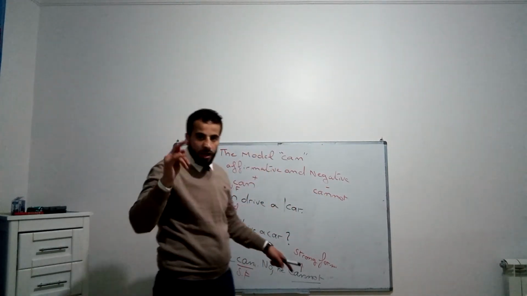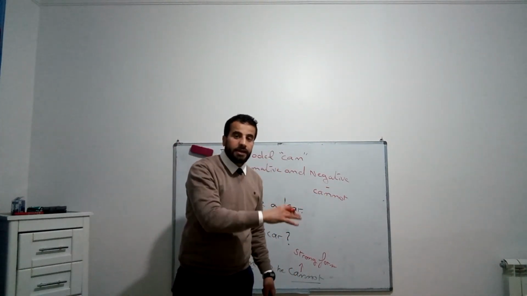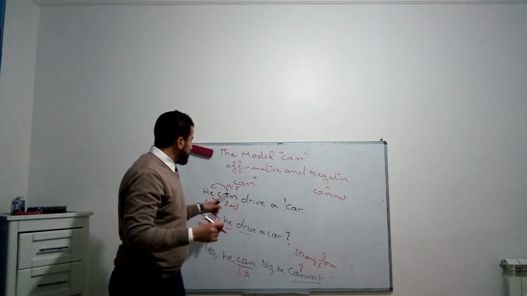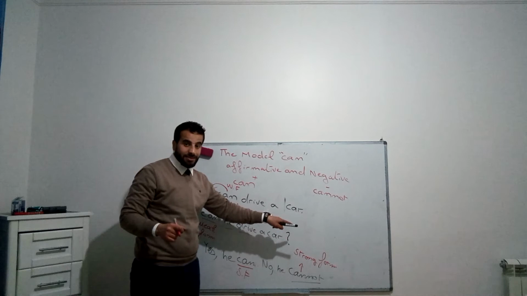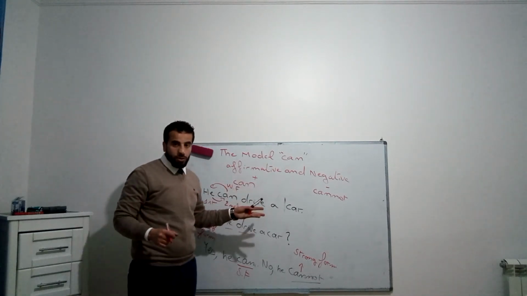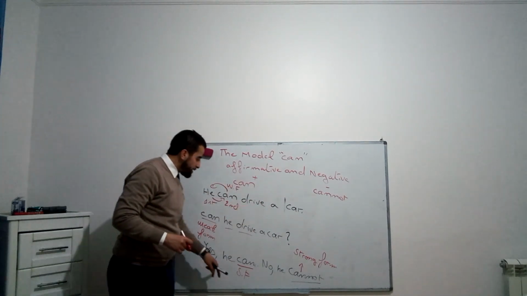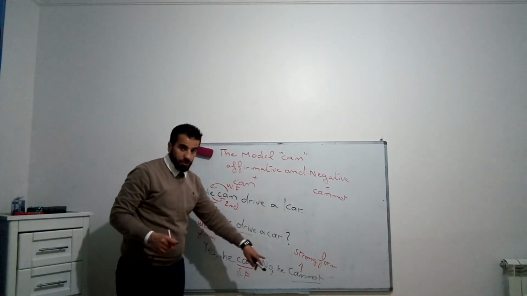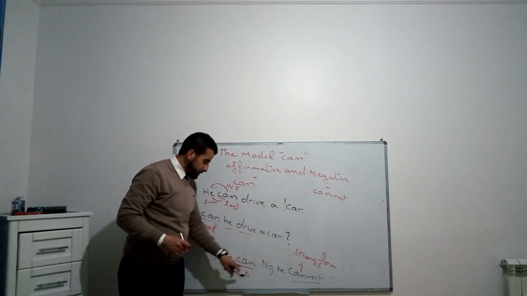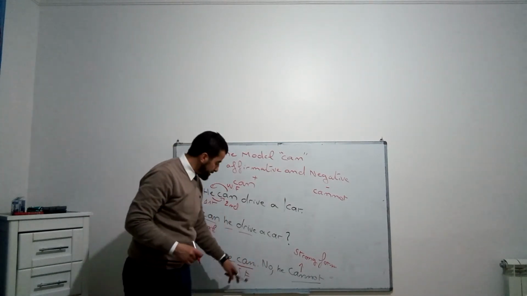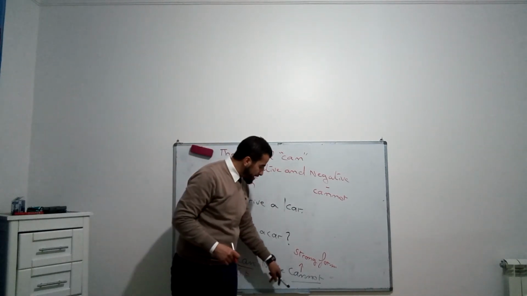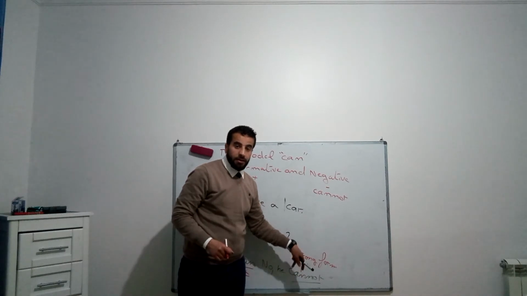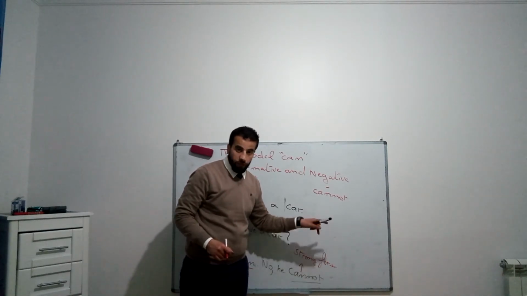When we ask a question, can is weak. And also when we want to write a simple sentence or affirmative sentence using can, it is weak also. But when we answer positively or negatively by using yes, he can, here can is a strong form. Now, he cannot, also can here has a strong form.